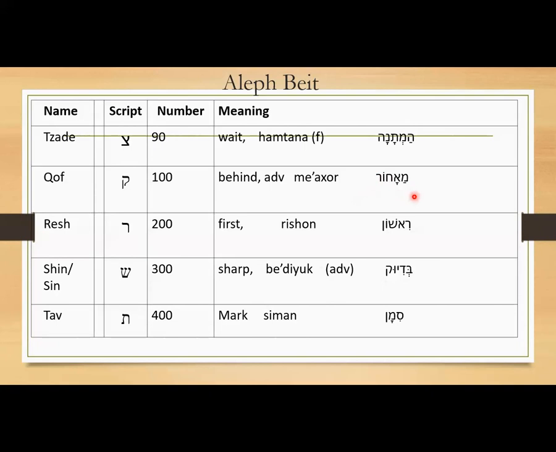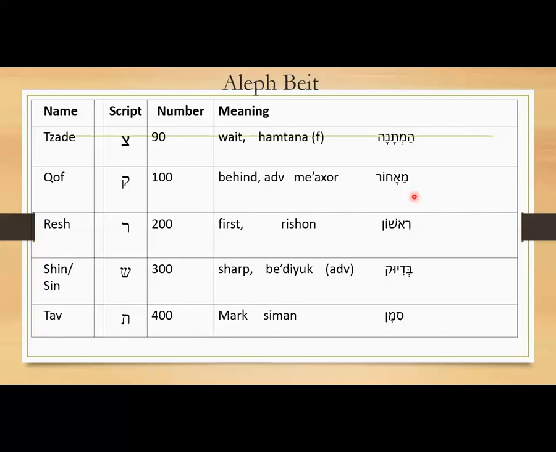We're not going to say ma'achor. If you want to say ma'achor, that's fine. It doesn't matter. Because there are people in Israel whose linguistics and language do differ. So the one will say ma'achor and the other one will say me'achor. But it will still be the same.